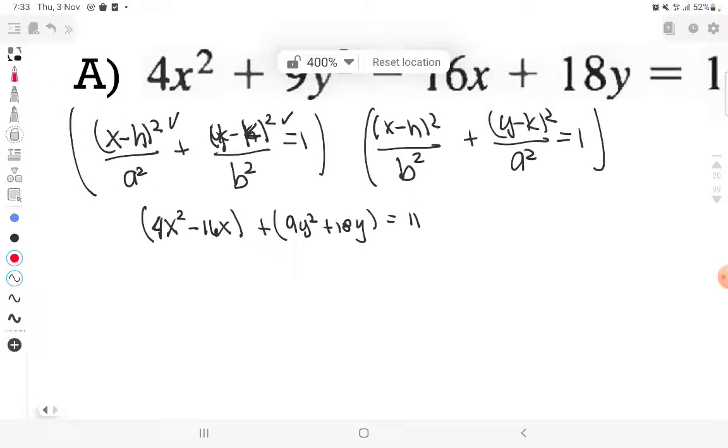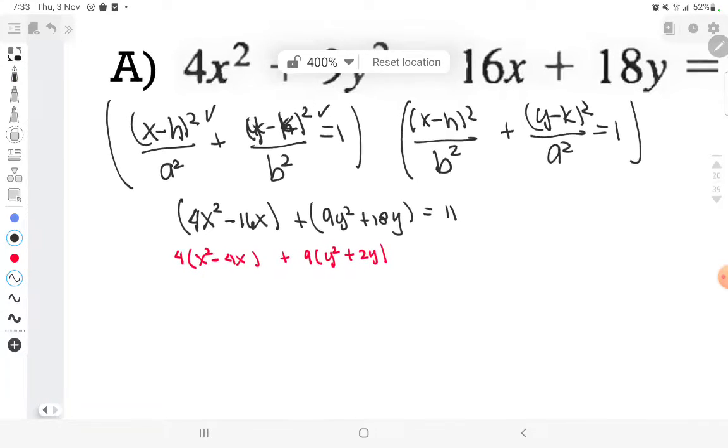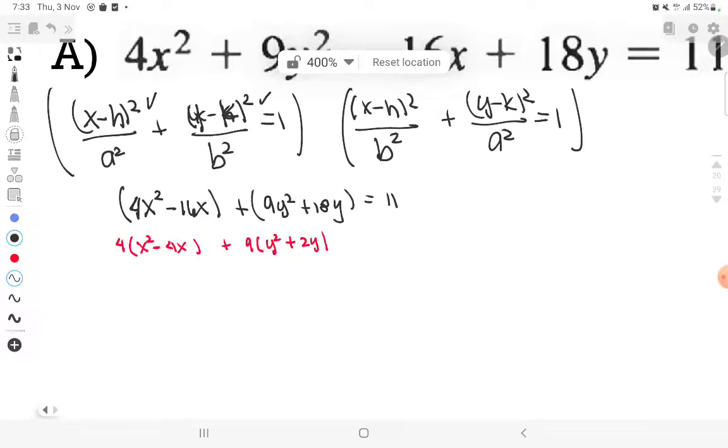But the best thing to do first is to factor out our 4: x squared minus 4x, plus, factoring out my 9, y squared plus 2y. Why did I factor this out? In order to make sure that the coefficient of my x squared and y squared is equal to 1.